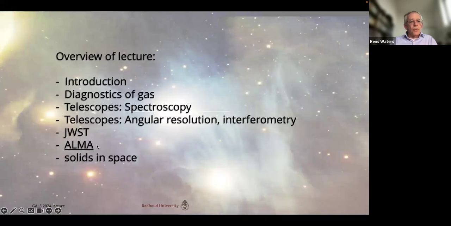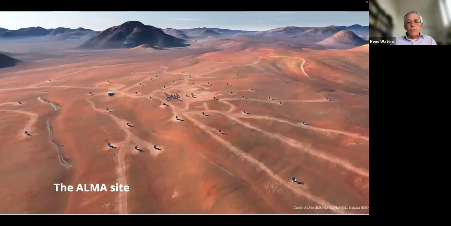Okay, the second telescope which is important for astrochemistry is ALMA, so let's dive into ALMA for a few slides. This is the ALMA site in the north of Chile, in the Atacama Desert, at 5,000 meters altitude.